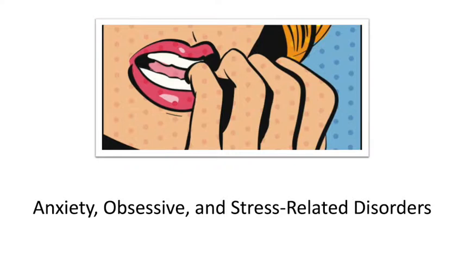Today, and in the next two lectures, we will talk more specifically about specific diagnostic criteria within the DSM. One of the very first and biggest diagnostic categories in the DSM is anxiety and anxiety-related disorders or conditions. So here we go.